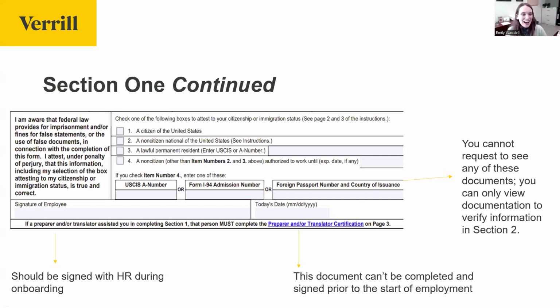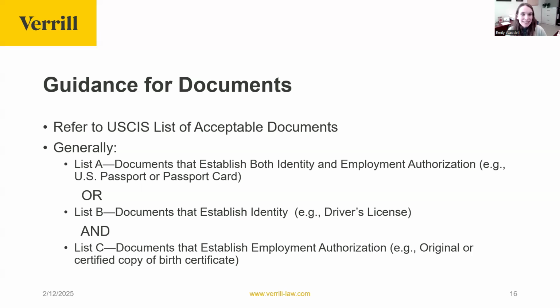Thank you, Tawny. So if we flip to the next slide, before we dig into section 2, let's talk through some quick guidance for documents, because as you know, in section 2, we're going to be evaluating documents against the USCIS guidelines. If you go to the website and you download the Form I-9, it's also going to be included with that, the list of acceptable documents.